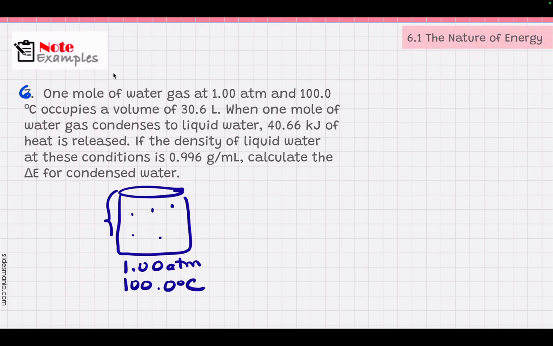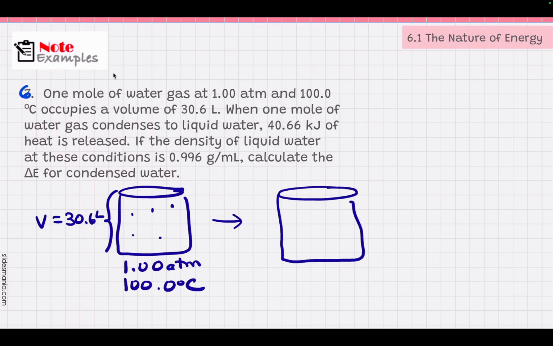And the volume now is 30.6 liters. And then it's going to condense. So energy is going to be coming out of it. And they're telling me that the value of Q is 40.66 kilojoules. So I know that's coming out of the water for it to condense.